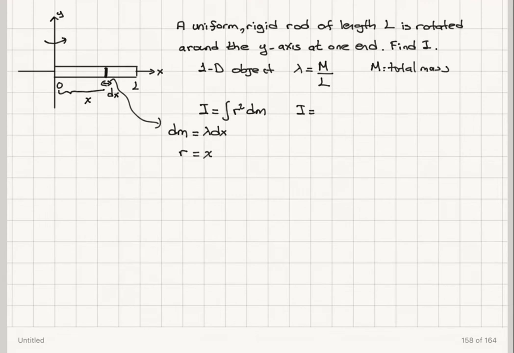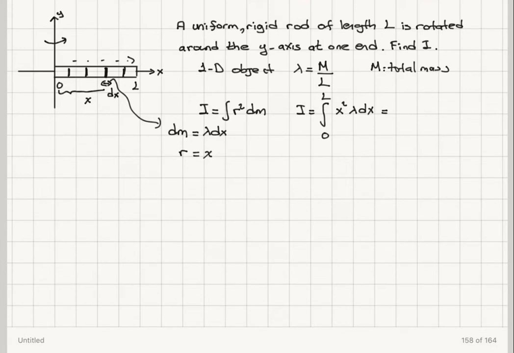So the moment of inertia will be the sum of the contributions from all such infinitesimal particles. So I will have the integral of x squared lambda dx, and x will run from 0 to L, so that I will cover all such particles.